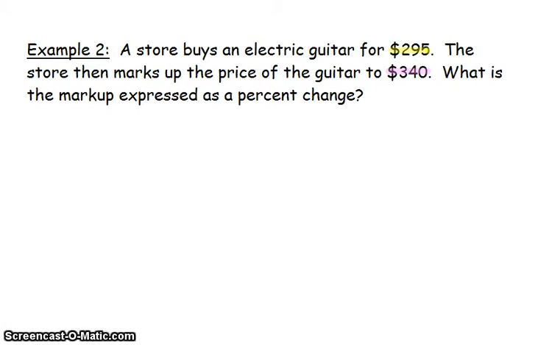So let's take the markup price, which is $340, and this is so we don't have to deal with negatives, $340 minus what they originally paid for it, which was $295. So if you take $340 and subtract $295, you're going to get $45. So they really only marked the guitar up $45. That's really how much they're hoping to make off of the guitar.